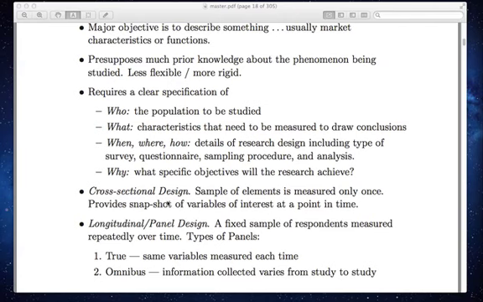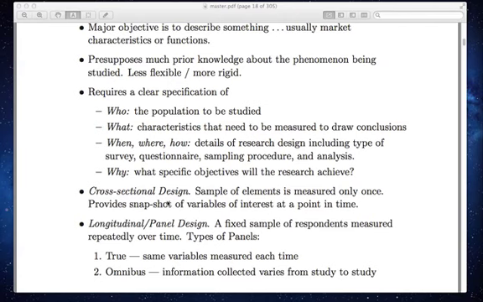Cross-sectional designs are where we take a single measurement at a point in time and we're done. I may want to know people's beliefs about cream cheese as of right now, so I field a survey, I measure their beliefs, and I'm done. That's a cross-sectional design.